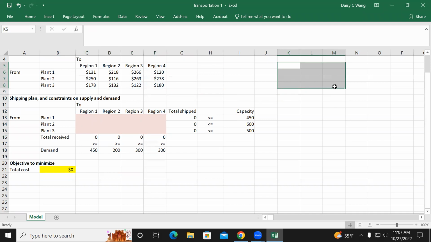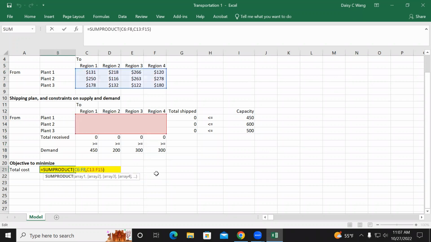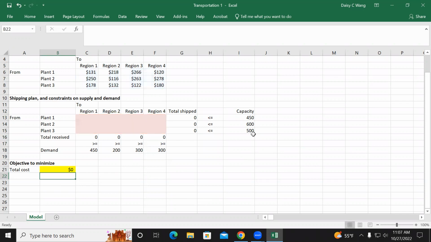Even though it's all 12, Excel doesn't know what that means. So it has to be in the same direction. Let's double check. Yeah, this is right. So what do we do next?